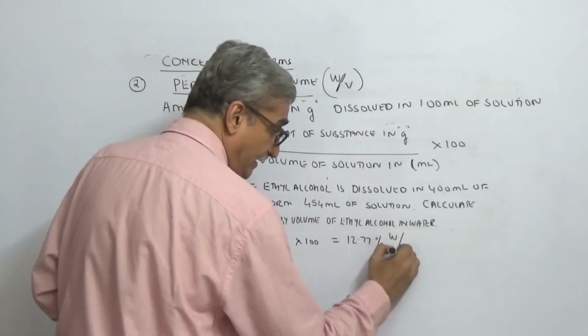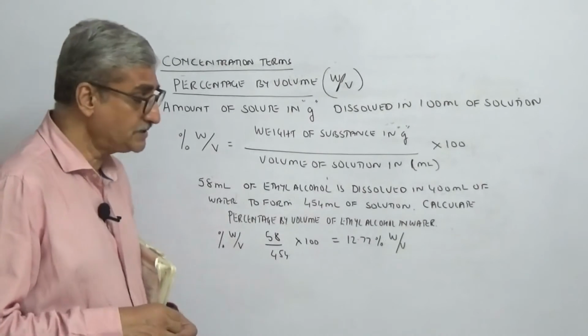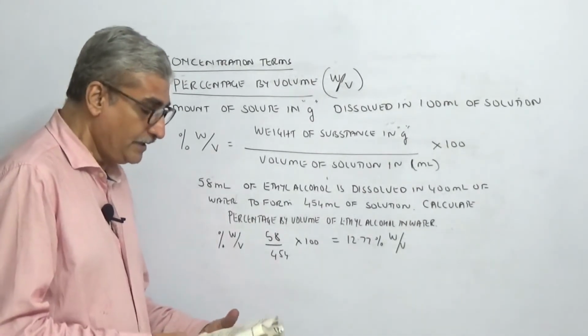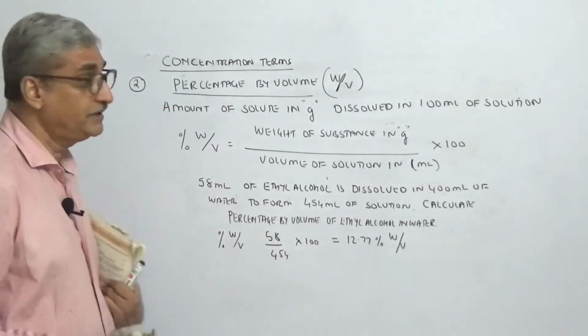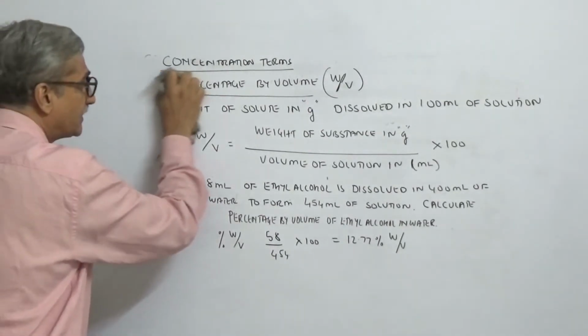Mention here the units, weight by volume. So this was the second one. It is clear. Then we have mole fraction. Very, very important. This whole chapter is going to be dependent on this concept of mole fraction.